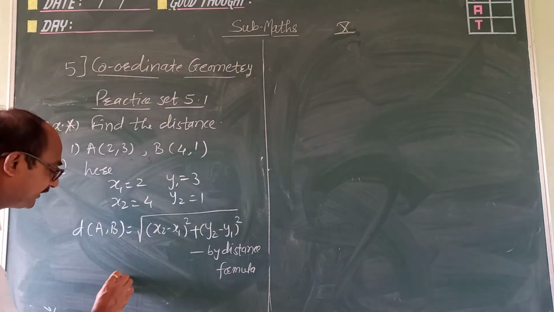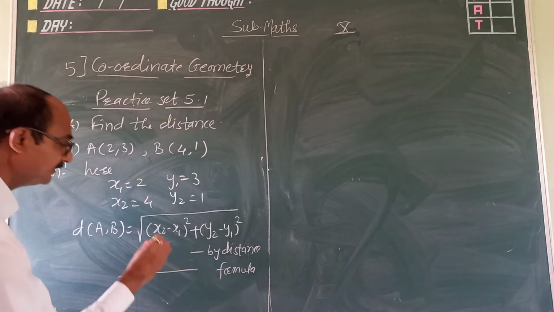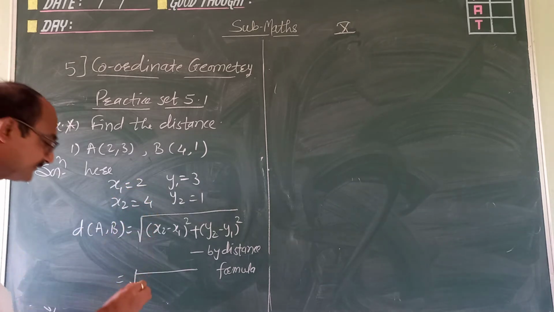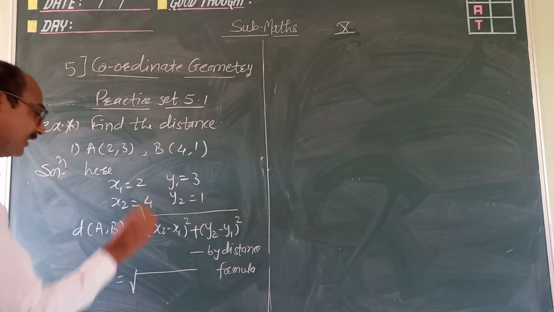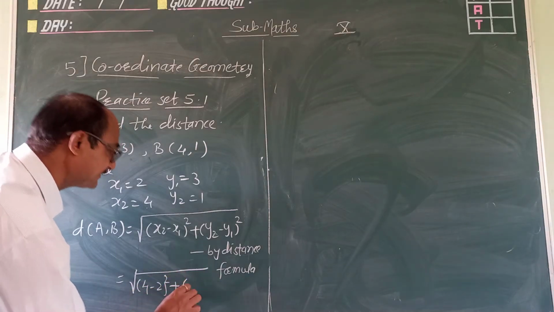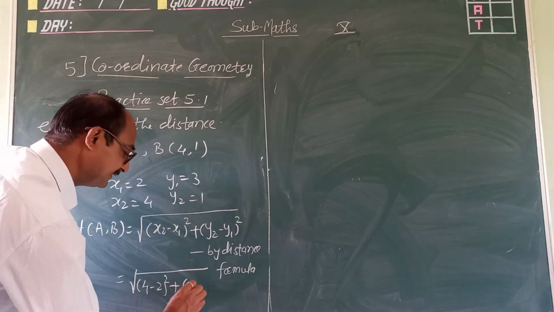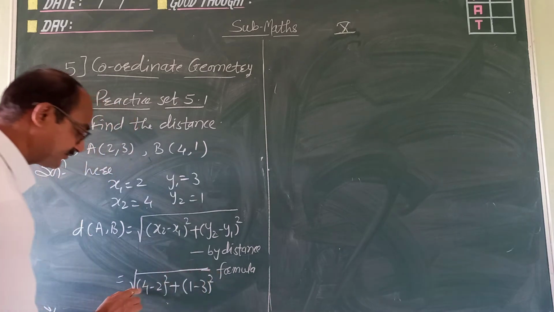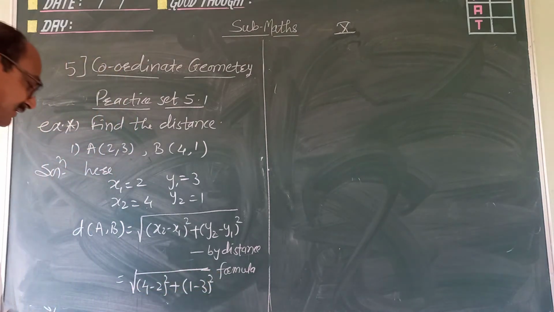Okay, so we'll see, under root, x2 minus x1: 4 minus 2, bracket square, plus 1 minus 3, bracket square.